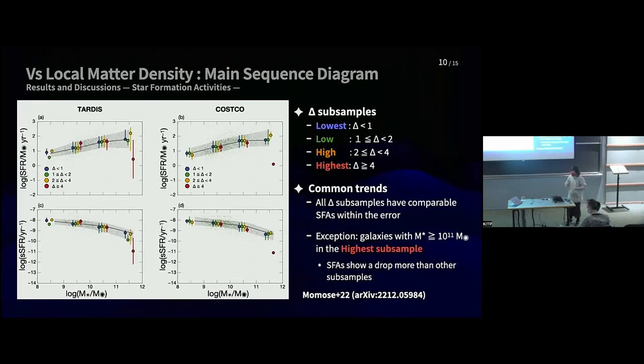Then we found that the density subsamples were consistently distributed within the error, except for the massive galaxies in the highest density subsample. Such massive galaxies show a sudden drop of star formation activities. So again, we found that star formation activities decline only in high mass galaxies in dense regions.